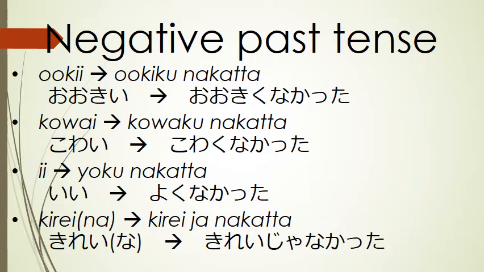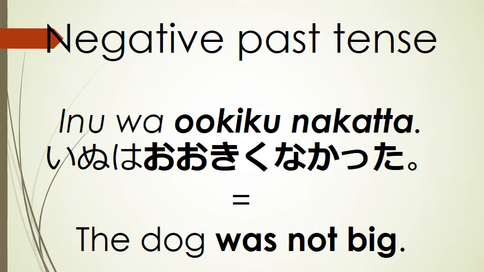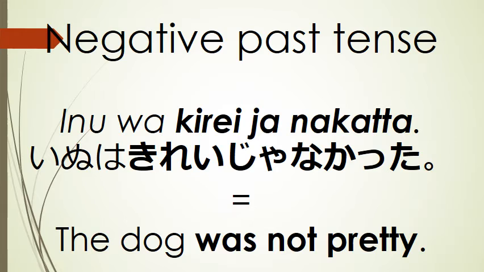Yoi would become yokunakatta. And kirei would become kireijanakatta. So, if I said inu wa ookikunakatta, that would mean the dog was not big. And if I said inu wa kireijanakatta, that would mean the dog was not pretty, which is a mean thing to say, so don't say it.